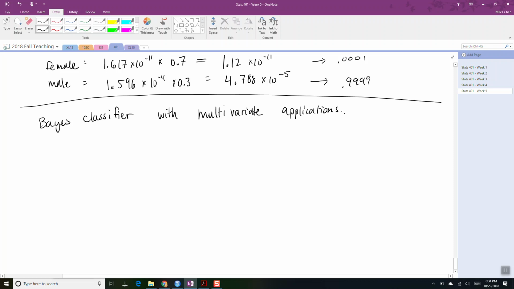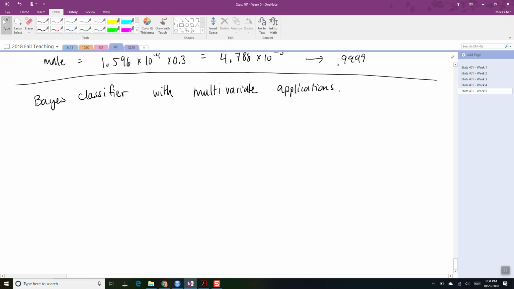In the above circumstance, we only had one x variable, but it could be x1 and x2. Maybe these come from a multivariate normal distribution.